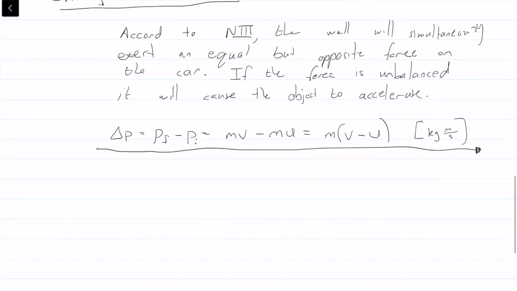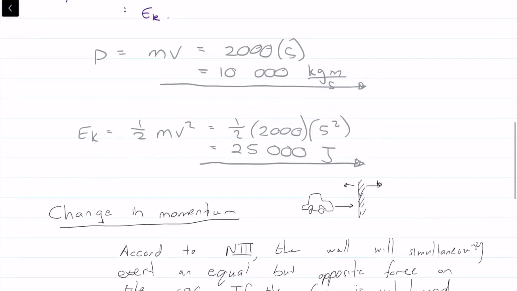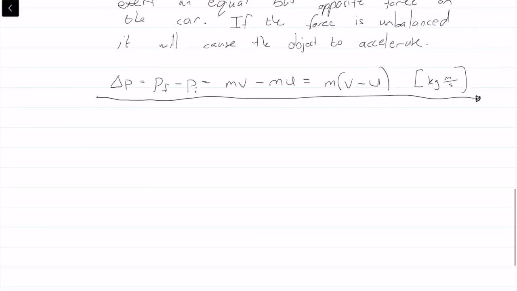So let's just go into a quick example once again on using change in momentum. It's quite simple, but okay, so example 2, let's say we drop a 500-gram ball.